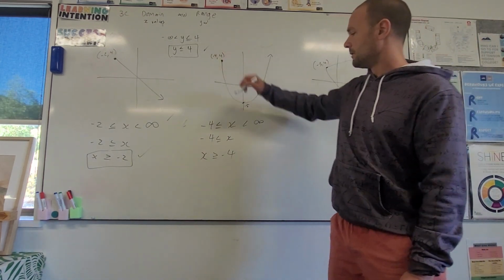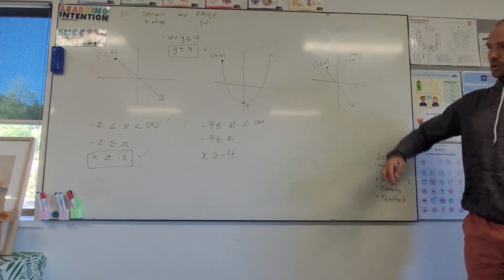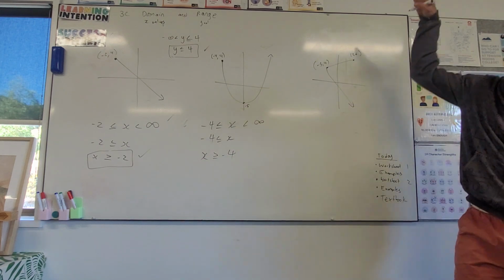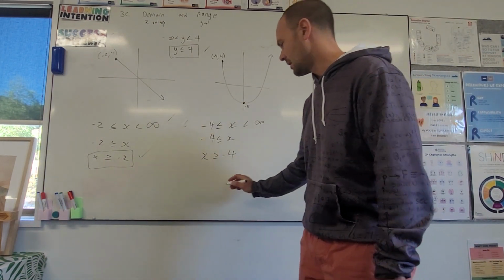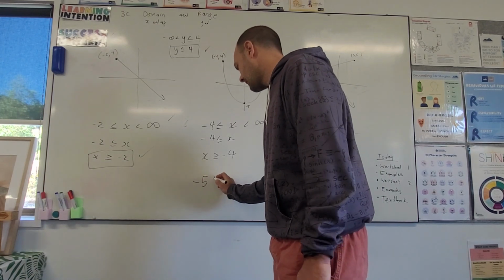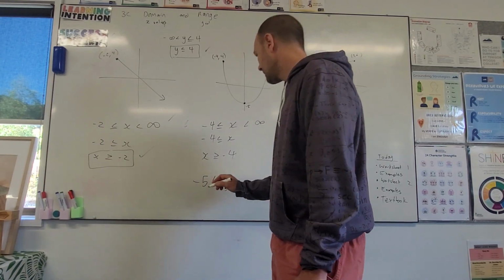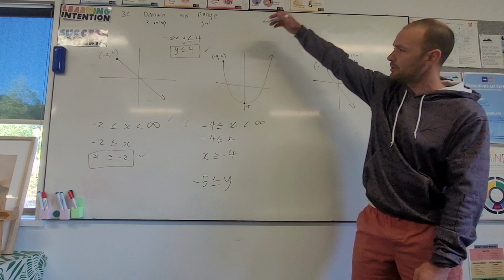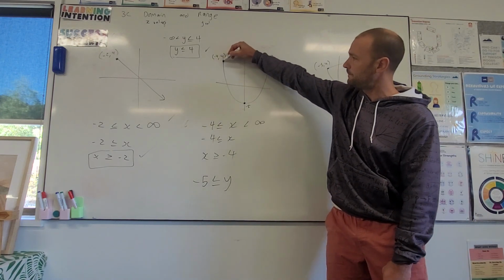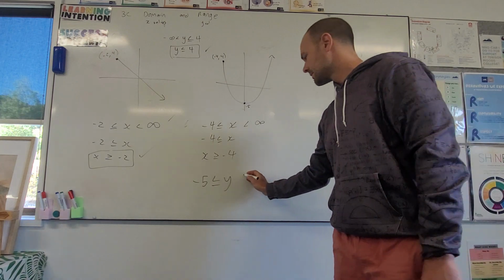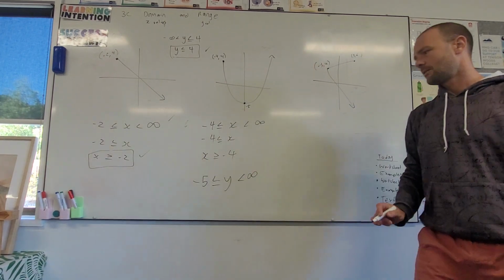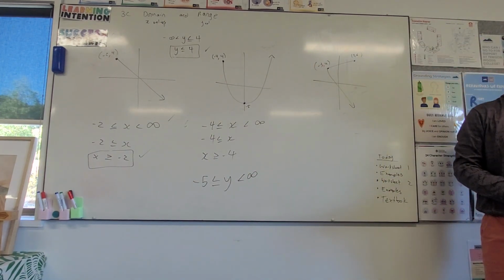Okay. For the range, the lowest y value, the point closest to the ground, -5. All right, our lowest y value is -5. We're including that value. And then the highest y value, it's not here, it's not positive 4. This arrow tells us that it goes up forever. So we can say -5 is less than or equal to y, which is less than infinity.